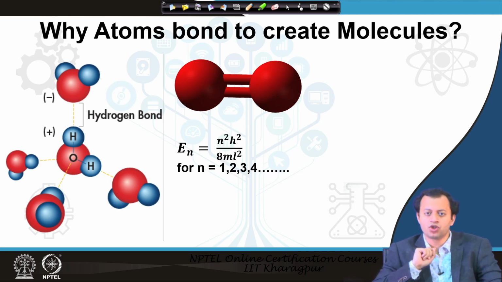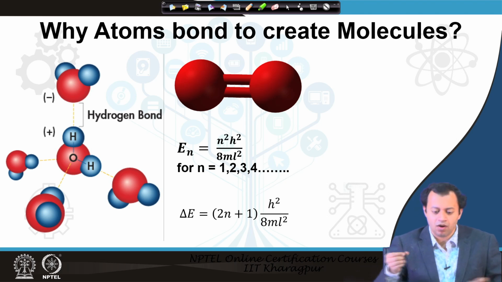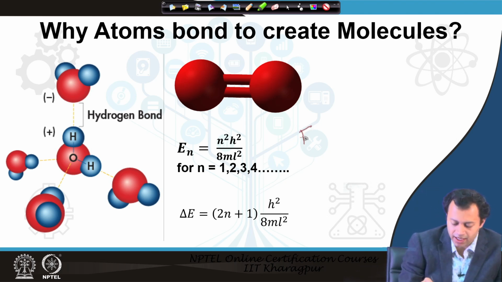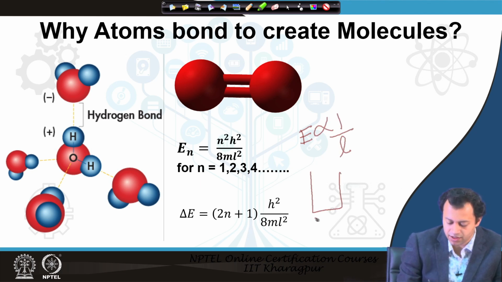Remember the Schrodinger wave equation from last class, the energy state is n square h square over 8 m L square, and the gap between energies is L. Now, check this out, your energy is inversely proportional to the length. Previously we discussed this x as 0 to L. So, x equal to L is the full length.